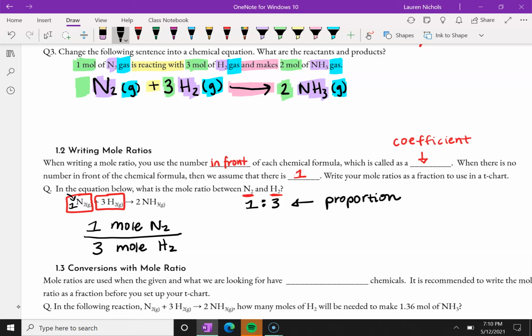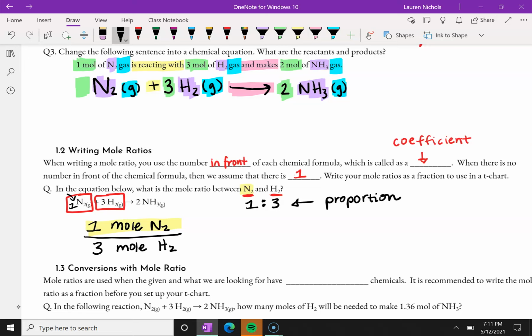Now, this would be the correct answer for this particular problem because the problem lists nitrogen first, so therefore nitrogen has to be in the numerator. But when we're working with the T-chart, sometimes we need the mole ratio between a chemical and we want nitrogen to be on the bottom.